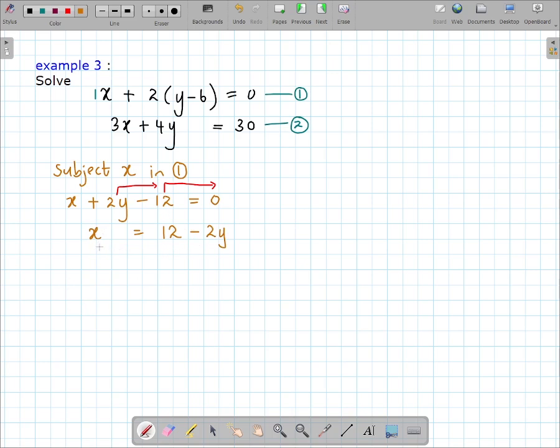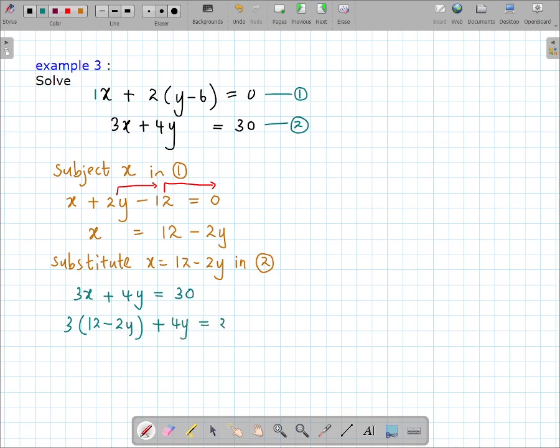Then substitute x equals 12 minus 2y in equation 2. So first of all, I write the equation 3x plus 4y equals 30. Then instead of x, I have to put 12 minus 2y. So 3 open bracket 12 minus 2y plus 4y equals 30.